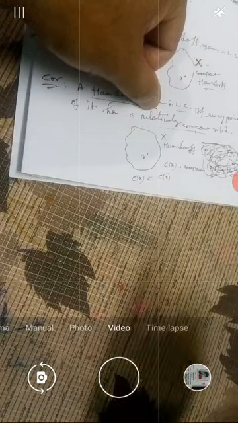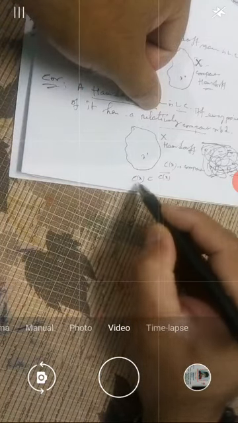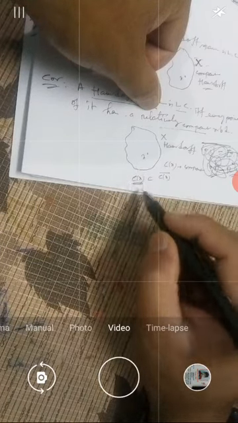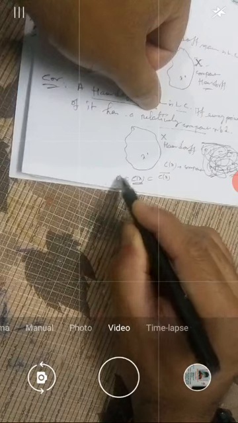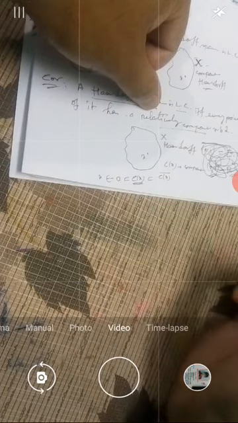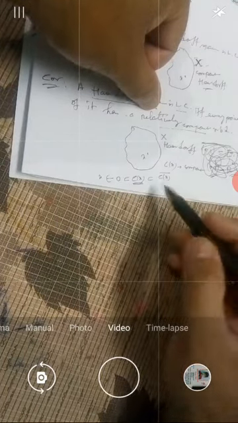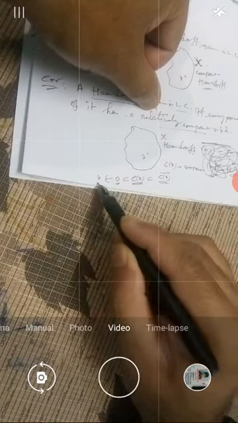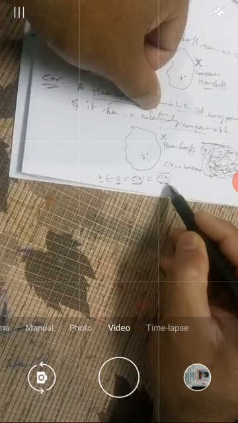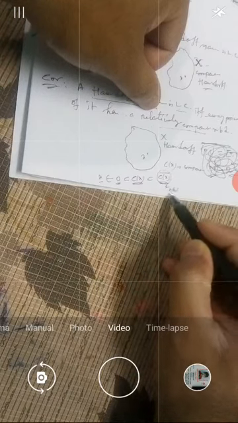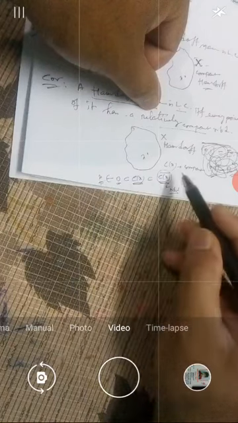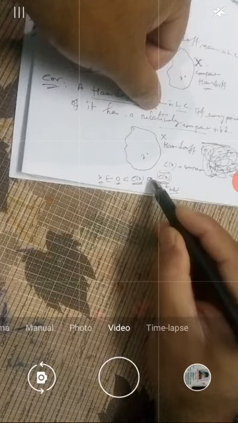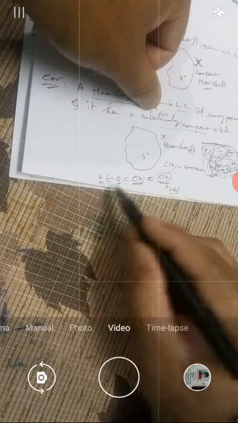Cx is a neighborhood of x, so Cx contains an open set containing x. So Cx bar also contains an open set containing x. So this is also a neighborhood of x. Actually, a superset of any neighborhood is also a neighborhood of that point.